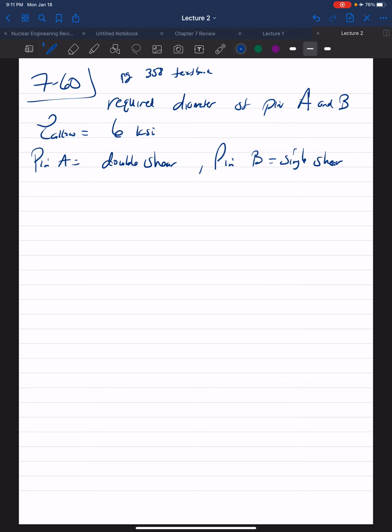So drawing our free body diagram. A is a pin, you have an AX, AY, 3 kip that way.